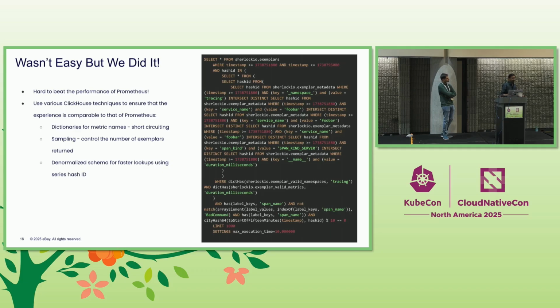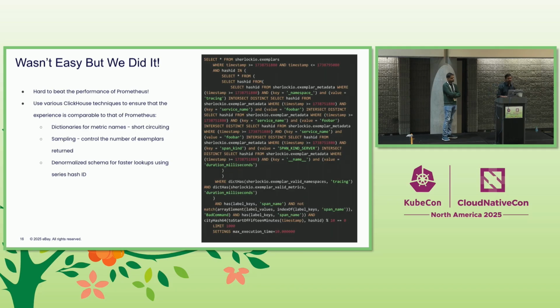The way that we sample is that for every time window and every series hash, we try to get a uniform sample, which in the query is a cityHash64 of timestamp comma hash ID, and then we take 10% of that, the third but last line. And we also limit to say 1,000 exemplars, which for the entire time duration might be generous enough to get a good distribution of all exemplars that might exist.